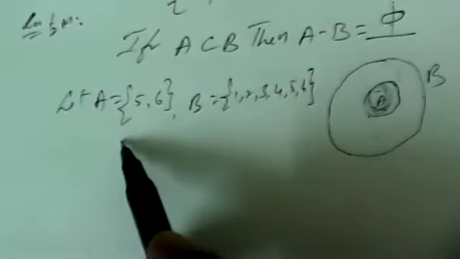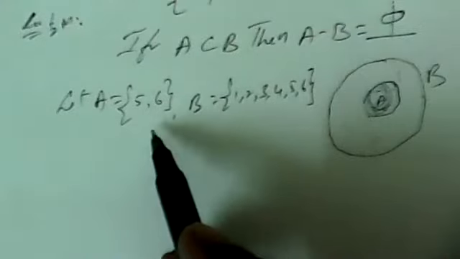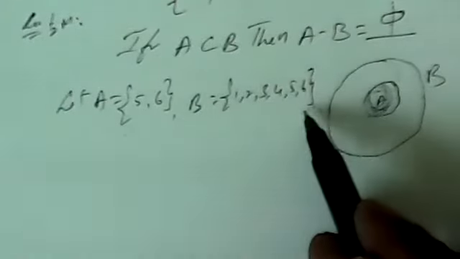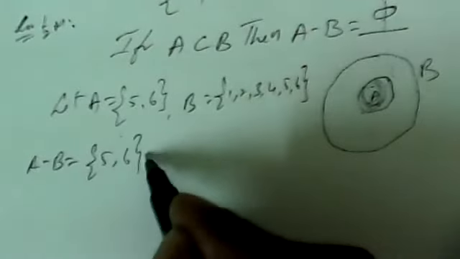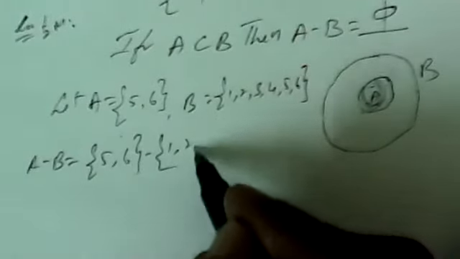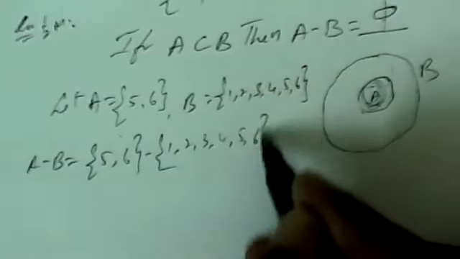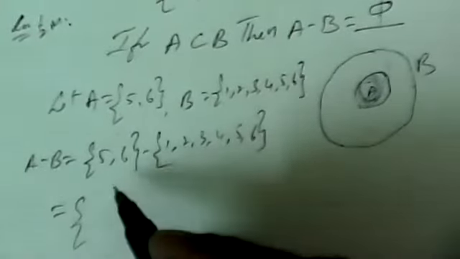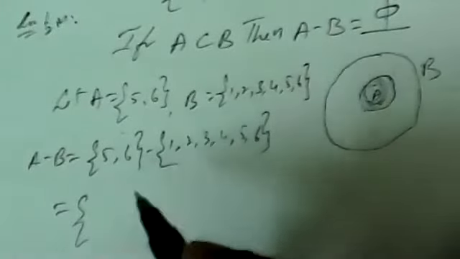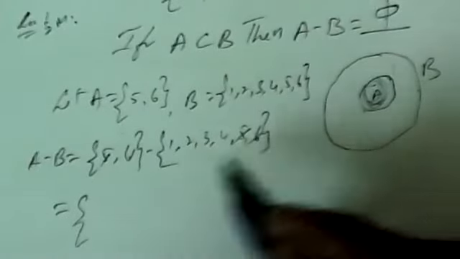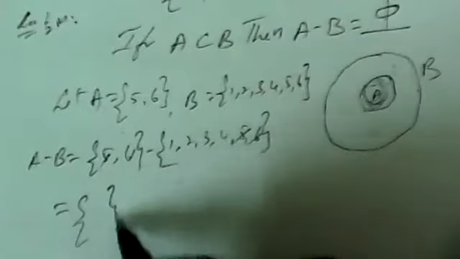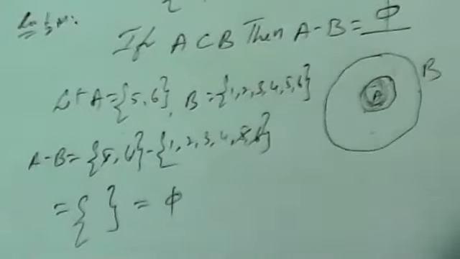Now we see 5 and 6 are in A, and 5 and 6 are also elements of set B. Therefore, A is totally contained in B. Now find out A minus B. 5, 6 minus 1, 2, 3, 4, 5, 6. We are bothered about the elements of A that are not in B. So 5 is there, cut it out. 6 is there, cut it out. We are least worried about these elements. So what are you getting? Empty.